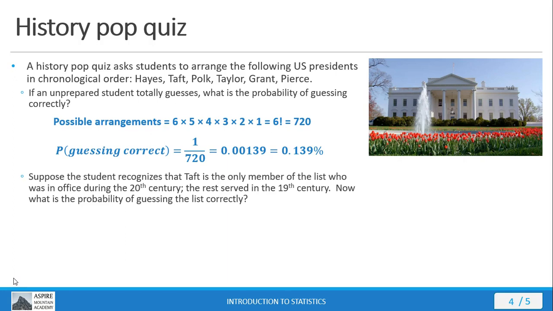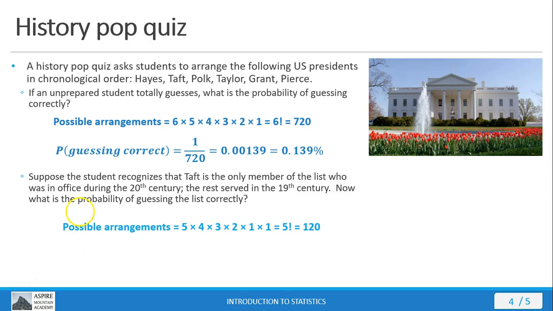Now, let's say that this student recognizes that Taft is the only member of the list who was in office during the 20th century, and the rest of them are 19th century presidents. So now what is the probability of guessing the list correctly? We've got one little piece of information to help us. How does that change the probability? Well, the possible arrangements are now reduced to 120, okay?